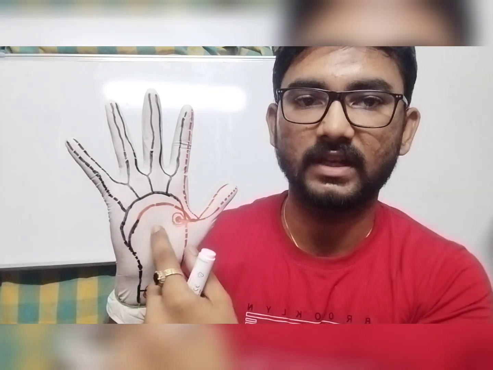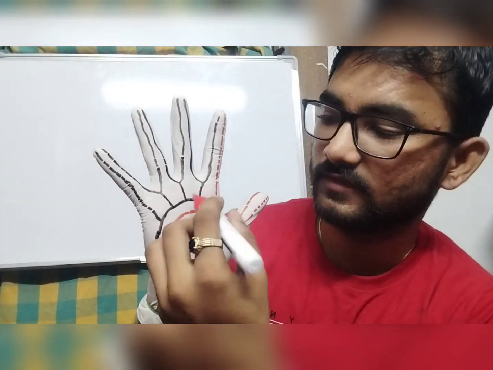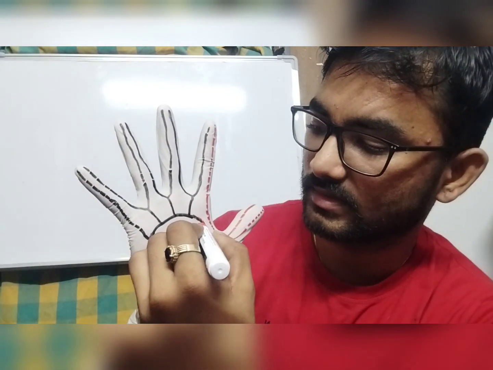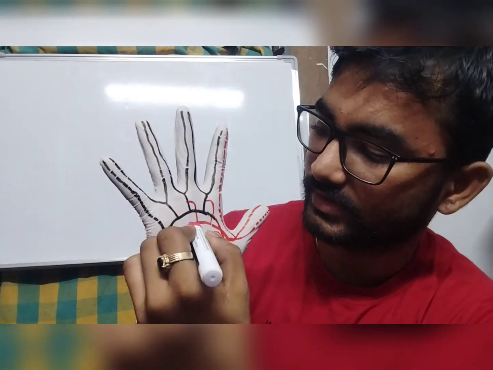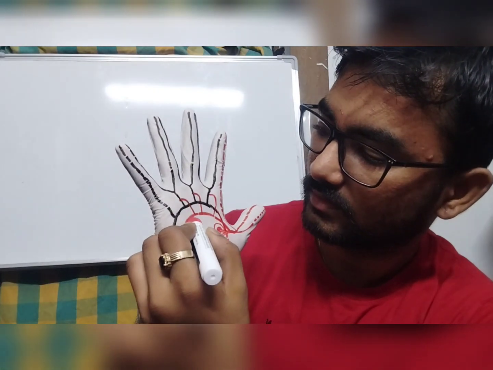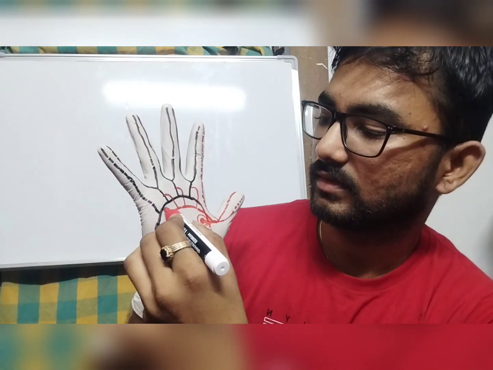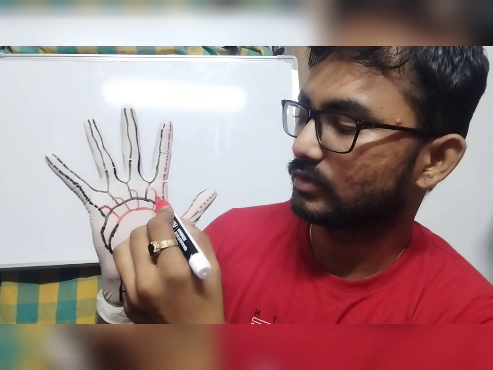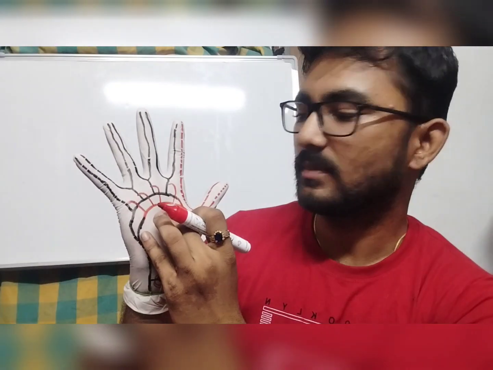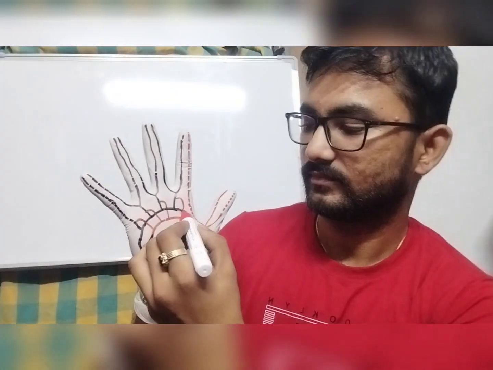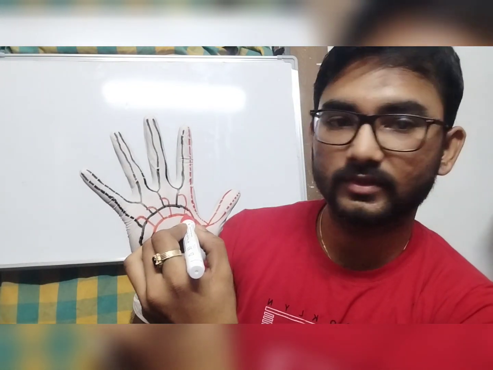From the deep arch, it gives 3 branches like this. They join with the common digital arteries, and there is 1 more artery, so totally 4 arteries. These arteries are known as the palmar metacarpal arteries. They communicate from deep to superficial.